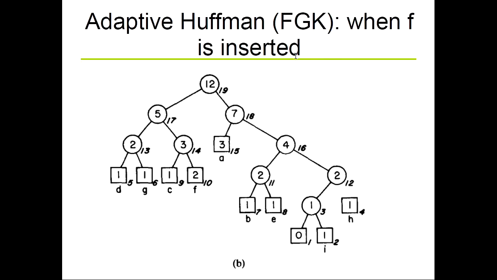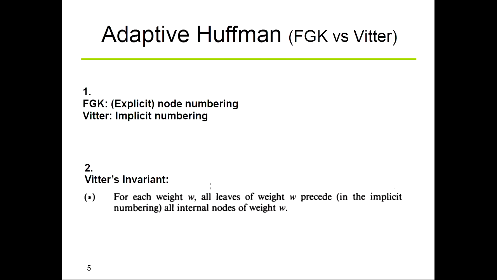First is the FGK. Suppose that you have this tree in memory, and another F is inserted, while F is right here at the moment. So you have 1D, 1G, 1C, and 2F, and this is all their frequency distribution.